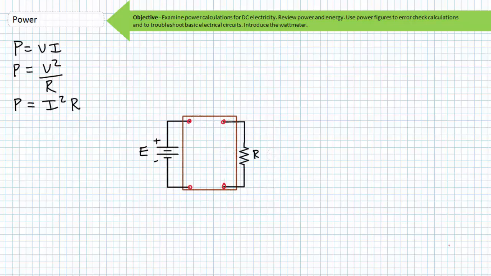Since a voltmeter measures volts, an ammeter measures amps, and an ohm meter measures ohms, a wattmeter is a device used to measure power in units of watts. A wattmeter is kind of like a box with 2 meters inside. There are typically 2 input terminals and 2 output terminals. The 2 meters inside the box are obviously an ammeter and a voltmeter.